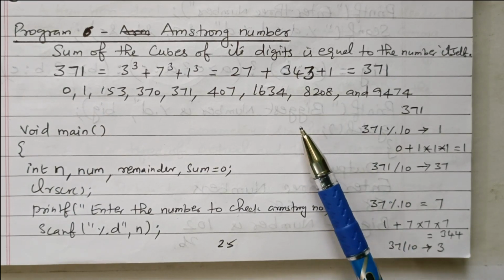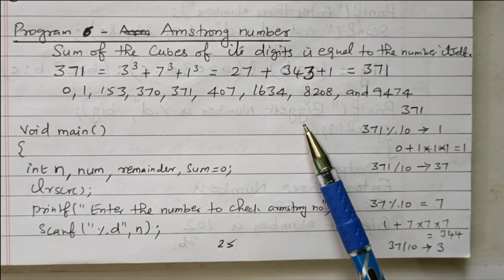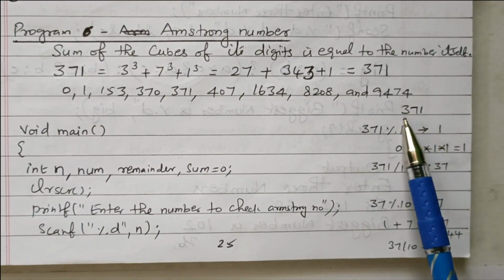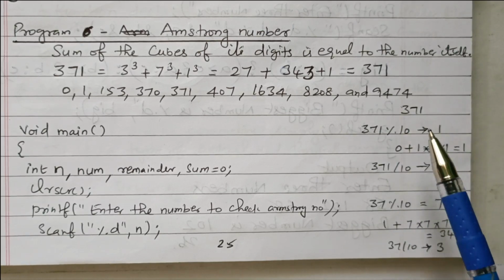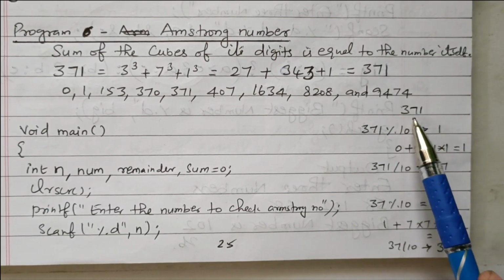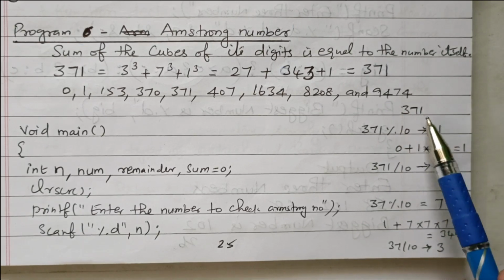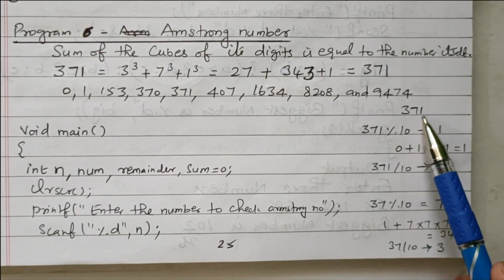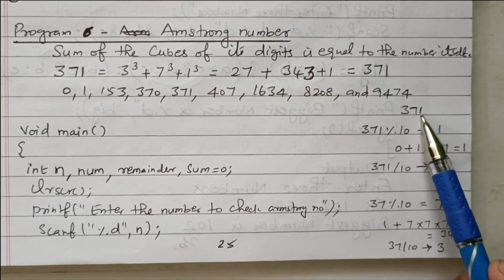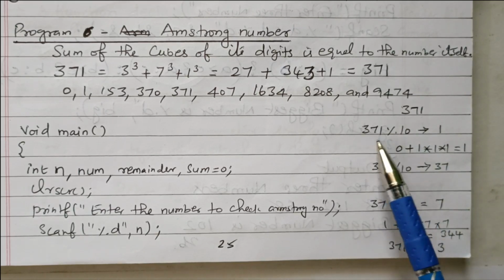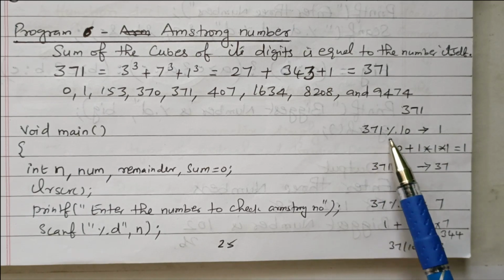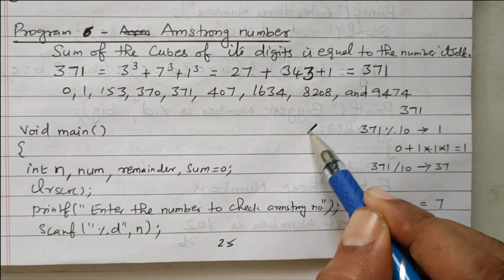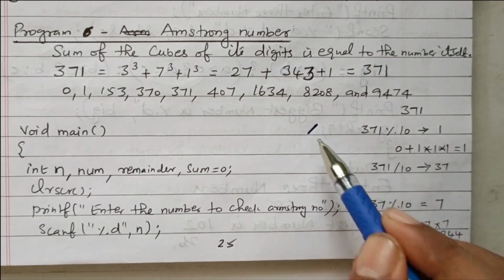Now we'll see the process of how to find whether a number is an Armstrong number or not. We'll take the number 371. We need to take 3 cube, 7 cube and 1 cube, so we need to extract the digits one by one. How to extract the digit? For example, we can extract the digit 1 by using modulo division, 371 percent 10.